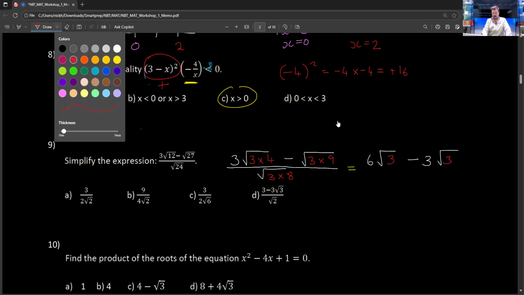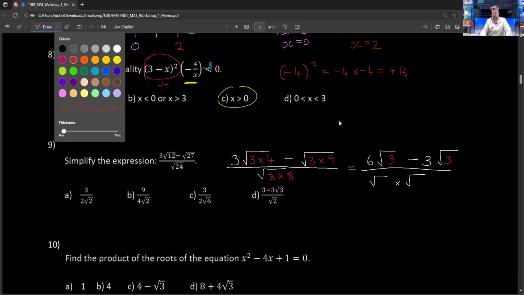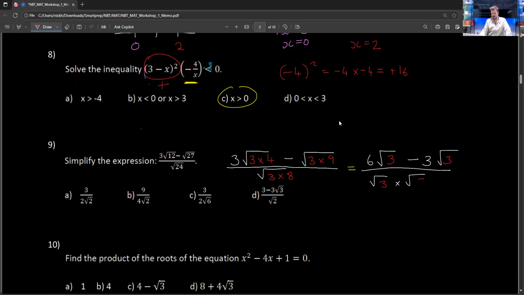Now at the bottom, just to simplify, I'm going to do it like this, so that we can see that we can take a 3 out and cancel. Oops, that one's 8.